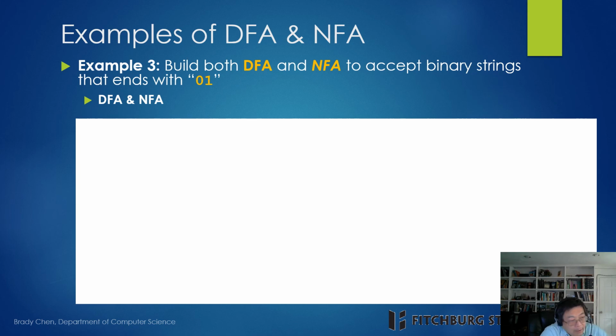Okay, let's look at the example. We want to build both a DFA and an NFA to accept binary strings that end with 01.